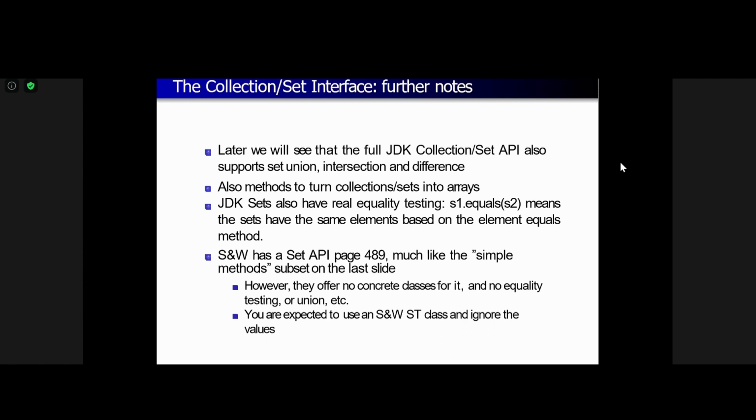It's one of the few cases where they have an API, but no implementation. But if you read the text, you find out that you're supposed to use one of their ST classes and simply ignore the values. So you're using the fact that the domain of a symbol table must be itself a set. Okay, so that's how they get around it.